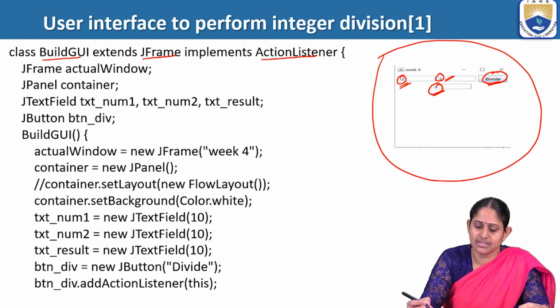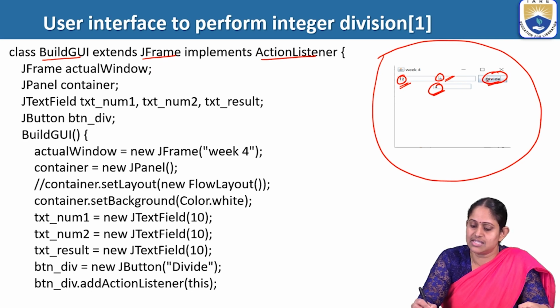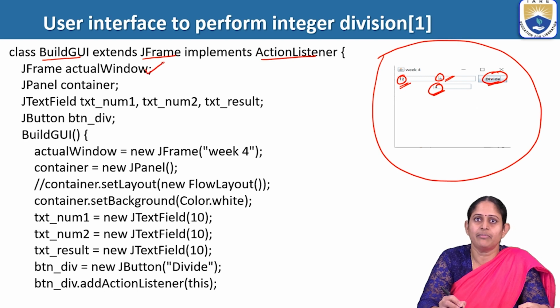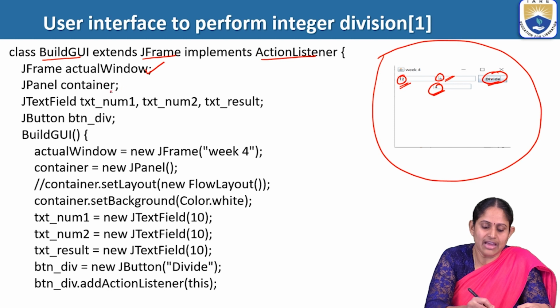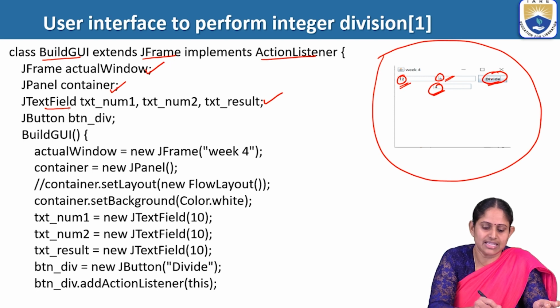Since we are placing all these components on a frame, we are creating a frame named actual window. Then we are making use of a panel which is placed over the frame, and onto the panel we will be placing all these components. Then, since we are making use of three text fields, we are initializing them.